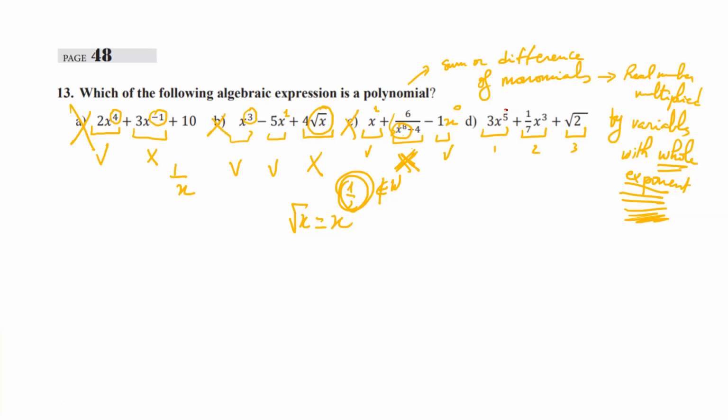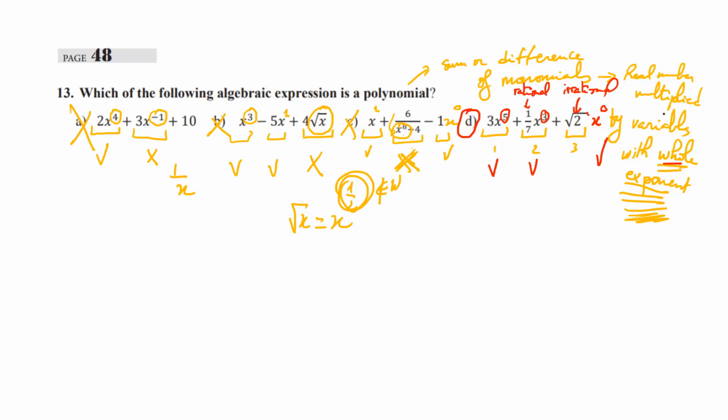Here, is it a polynomial with the exponent? It's 5, so it's a whole number. It's a 3, a whole number. Here, where is the variable? There is no variable, which means it's x to the 0. So it's a whole number, yes. So yes, this is a polynomial. Here I have an irrational, here I have a rational not integer.